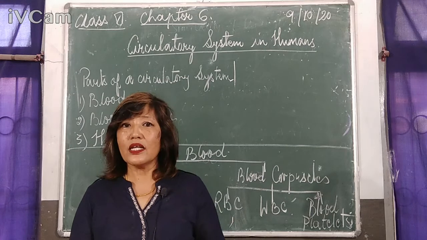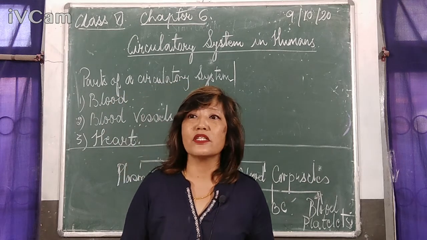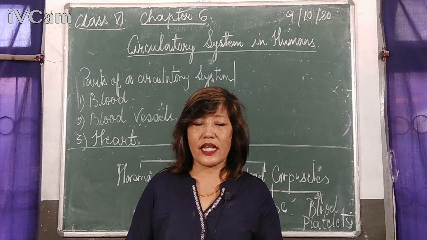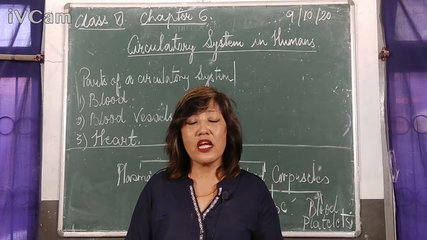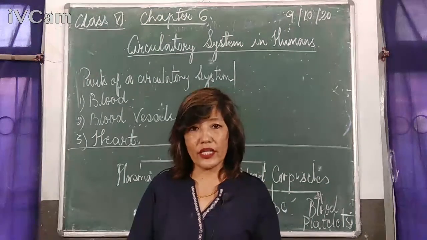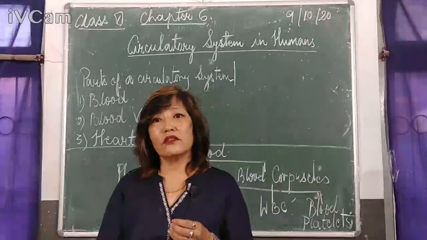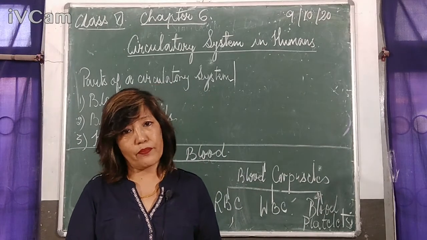But children, it is possible only if all these different important substances like nutrients, oxygen, certain chemicals are transported to their respective organ, then only the different systems can do their function properly.